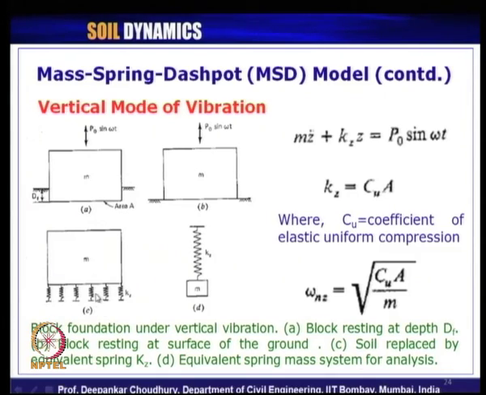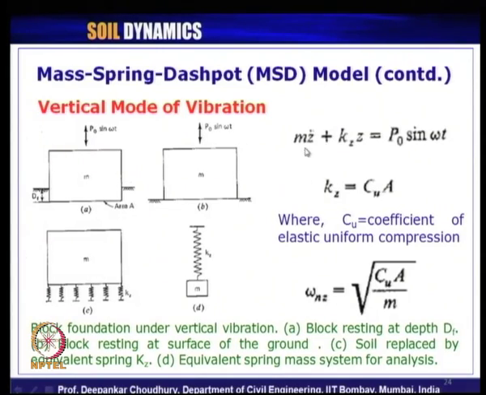If the soil is replaced by the equivalent spring, then Kz is the spring stiffness in the vertical mode of vibration. And if we put it in our conventional single degree of freedom mass spring system, it will look like this. Obviously, if we add the dashpot also, it will come into the picture. So, what is the equation of motion for single degree of freedom?